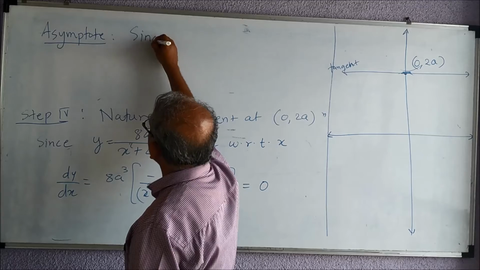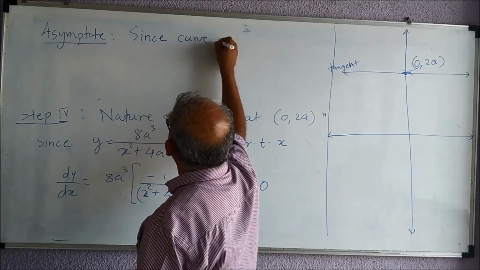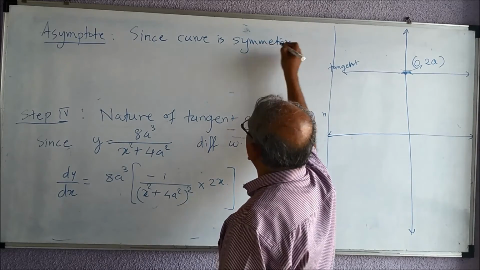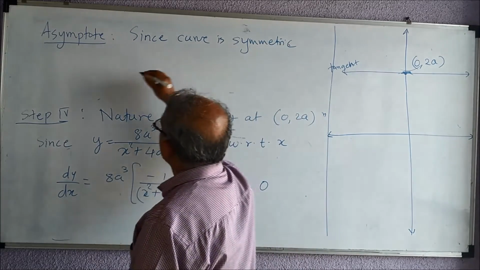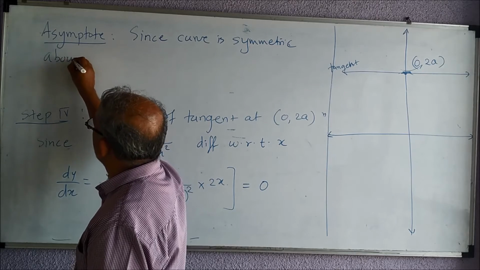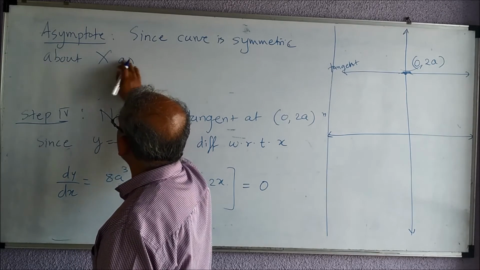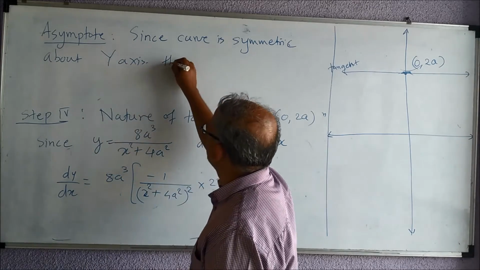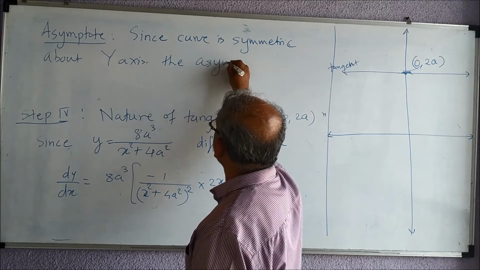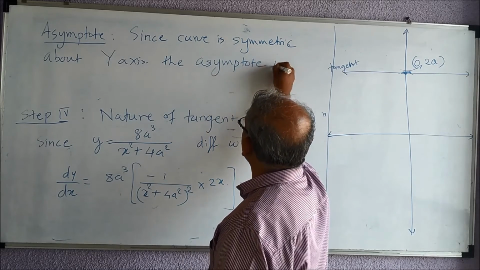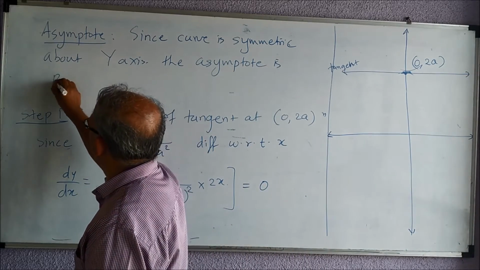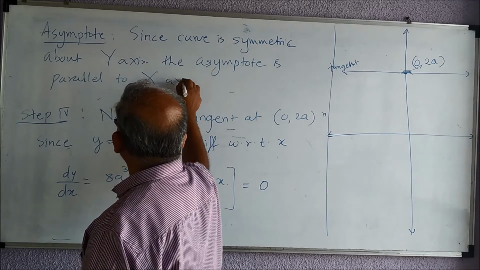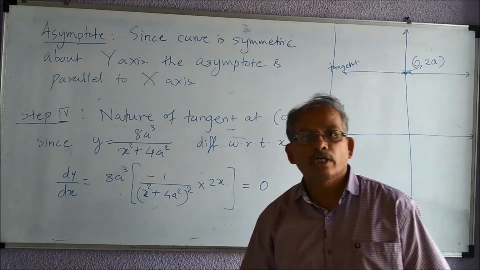I'll write here: since the curve is symmetric about the y-axis, the asymptote is parallel to the x-axis.